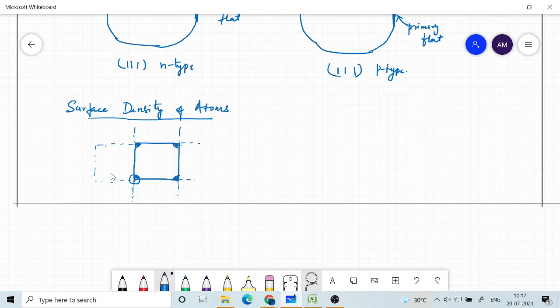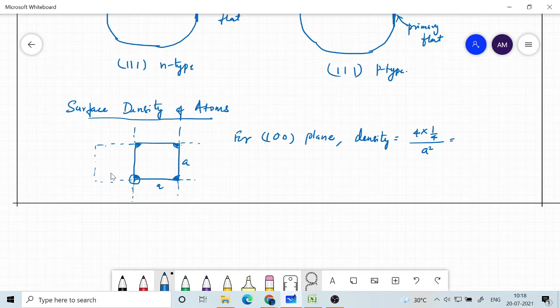So effectively in a square area, for the 1 0 0 plane, the surface density is equal to the number, that is 4 into 1/4, divided by the area, which is a square.